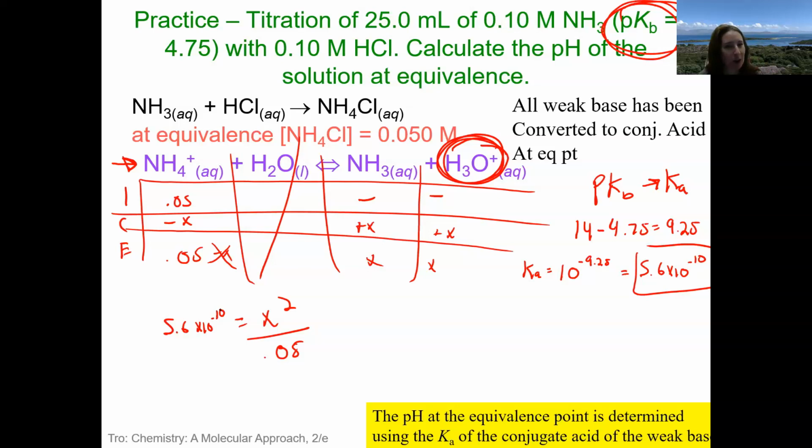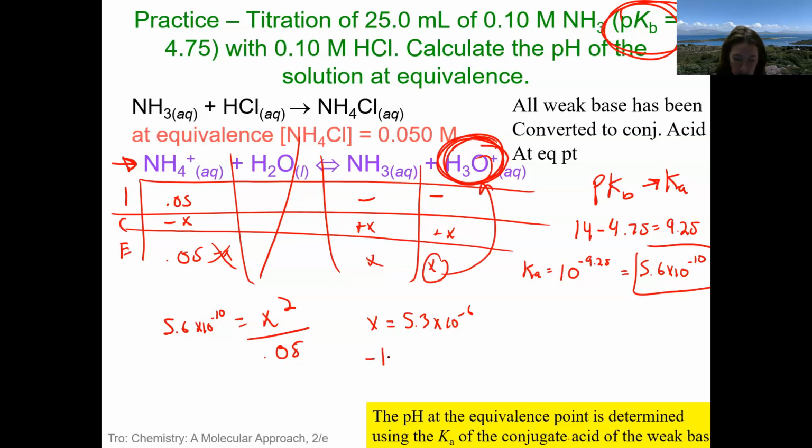You're going to have to have all your ducks in a row with these problems because there's a lot of little pieces. That's why I've been working up towards these. You solve for your x, and I'm just going to tell you what your x is here. You can do the math from here. It's 5.3 times 10 to the negative 6 after you solve for your x. And x is H3O plus, right?